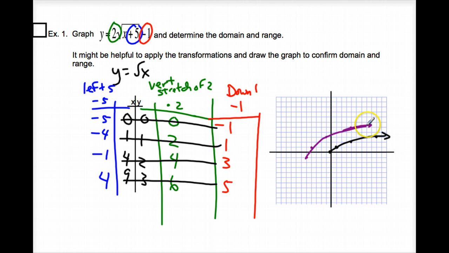A common mistake is people think, oh, this is going to all of a sudden go down here to the left, and that's bad. Make sure that you don't go any further left or any further lower than this starting point, which is right here. That starting point represents our domain and range.